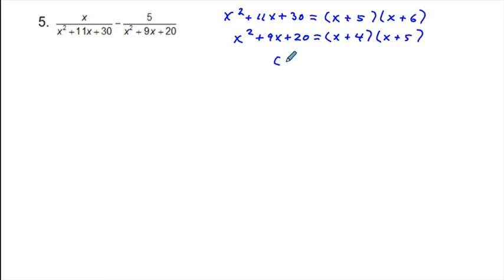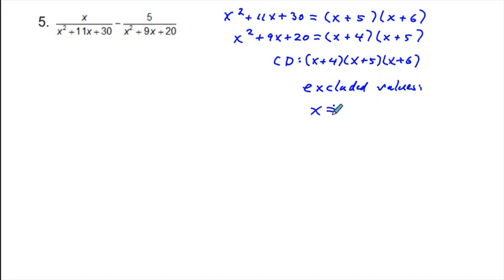And our common denominator for this is going to be x plus 4 times quantity x plus 5 times quantity x plus 6. And excluded values: x cannot equal negative 6, negative 5, or negative 4.